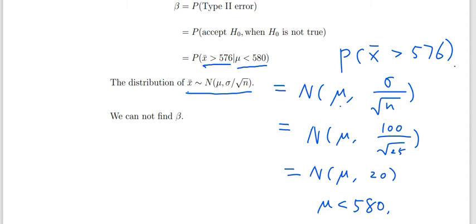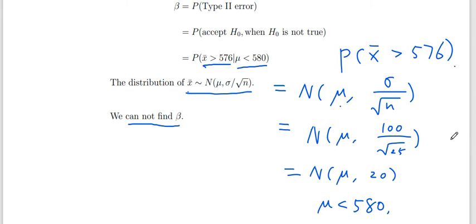Since we don't know the exact value for mu, we cannot calculate this beta. We cannot find the probability that x bar is larger than 576. Even though x bar follows this normal, we don't know mu.